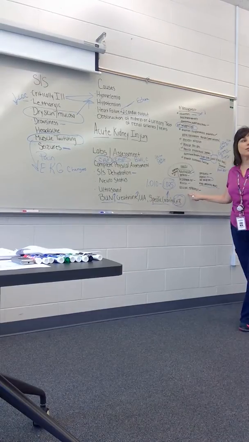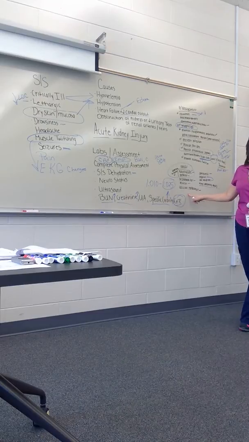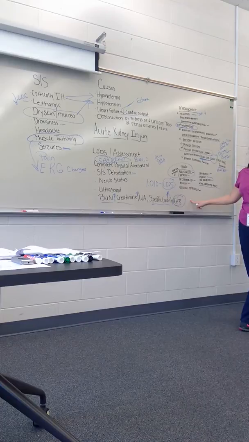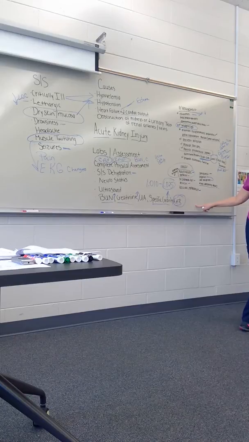Calcium also comes from the bones, right? So if the kidneys are not working the way that they should, you get all of those things going on in the endocrine system telling the parathyroid hormone to release hormone, and that stimulates the bones to release calcium.